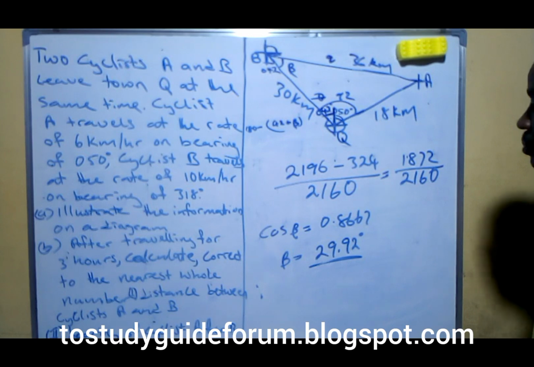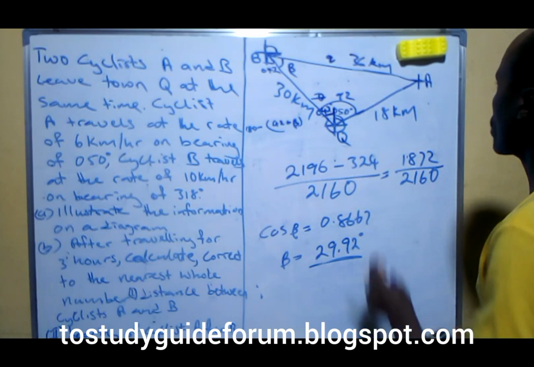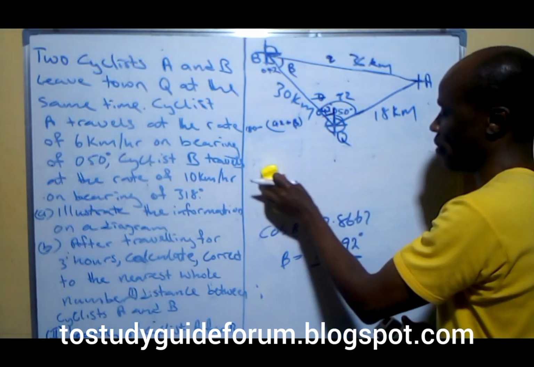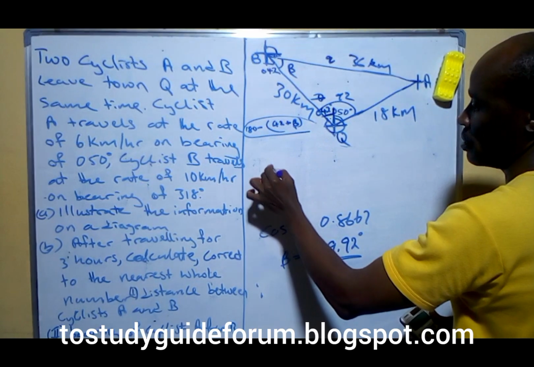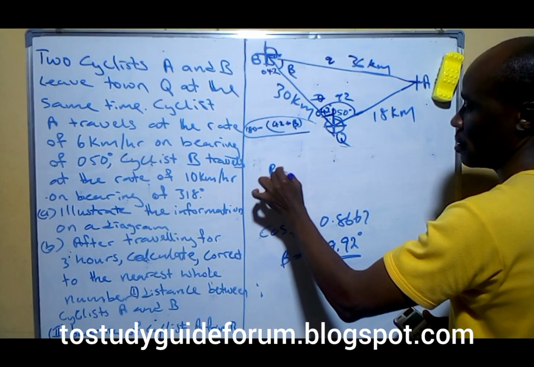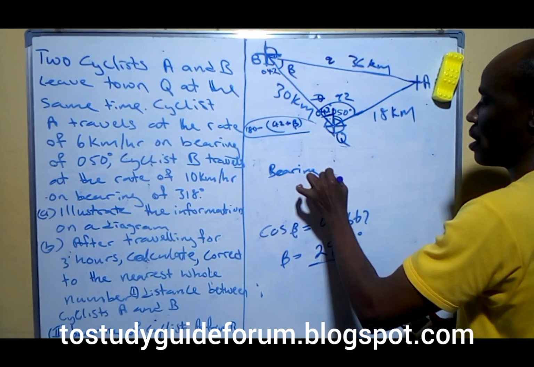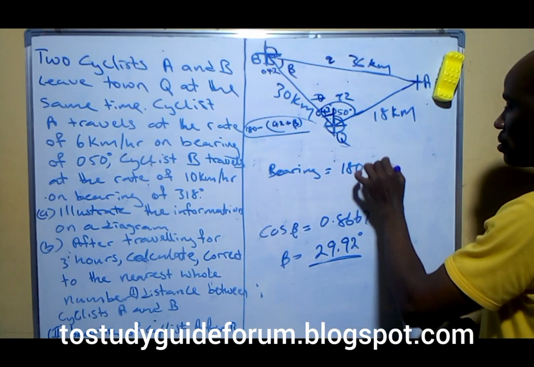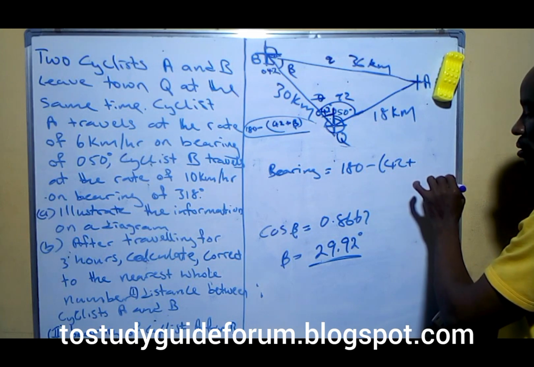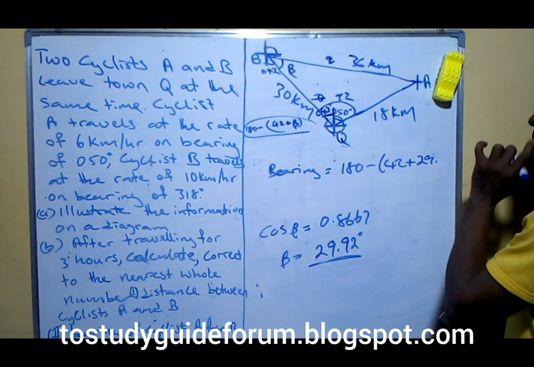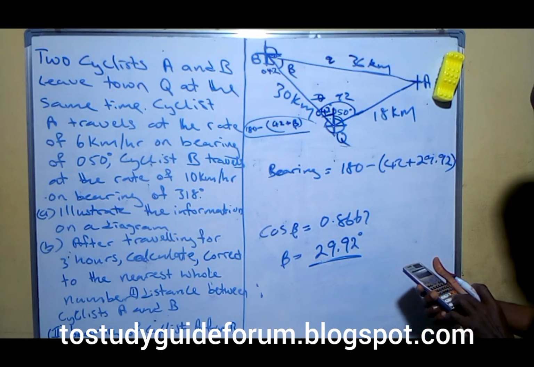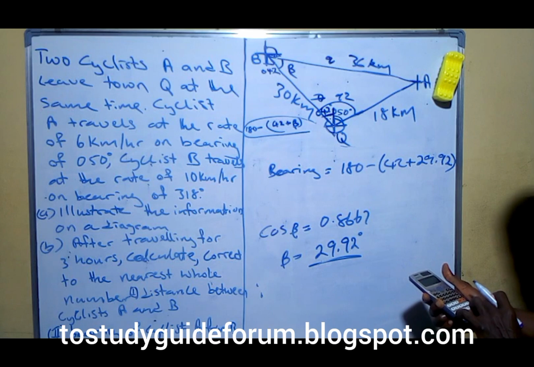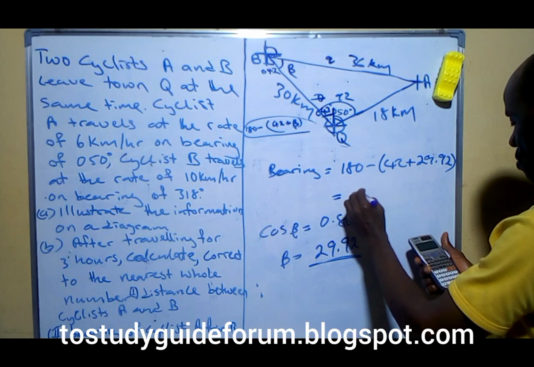Now to get the bearing, since we have this angle, like I said, the bearing will be 180 plus 42 minus beta.